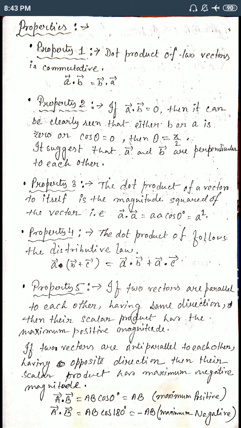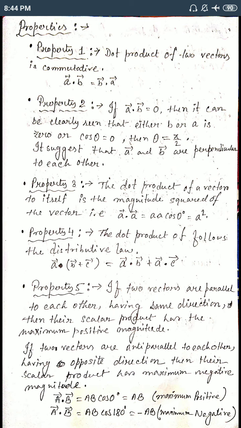Property number 5 is when two vectors are parallel to each other and have the same direction, the scalar product between them gives us the maximum positive magnitude. In the first expression you see A dot B, if we consider both are parallel and in the same direction, cos 0 degrees equals 1, so A dot B equals AB, that is maximum positive.